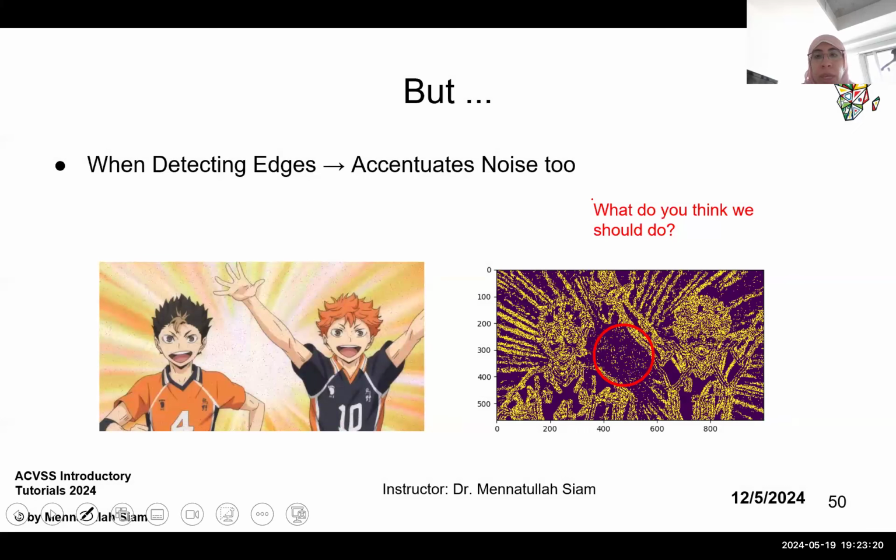I didn't tell you exactly how yet, but if I used some image filtering mechanism to identify the edges, I would get the edges of the humans, but I also get the noise, this salt and pepper noise.